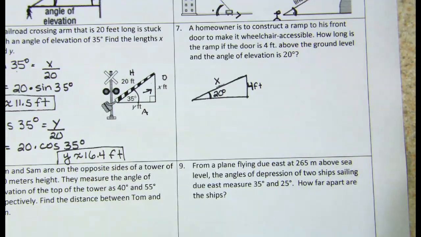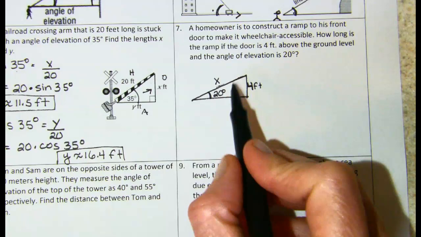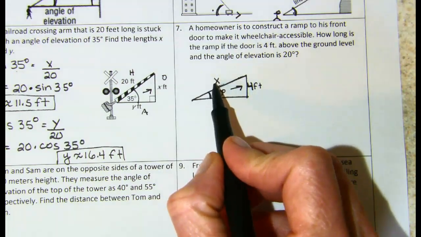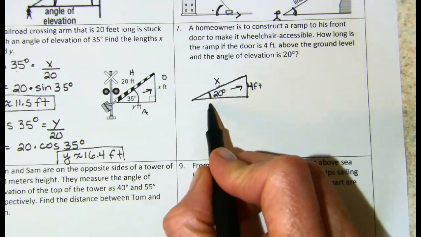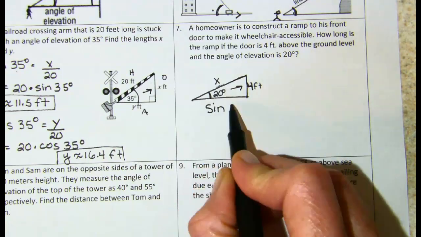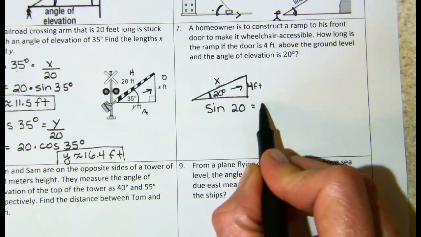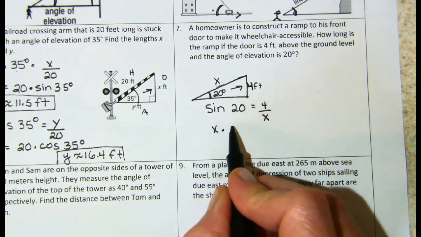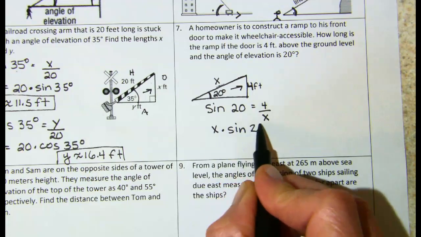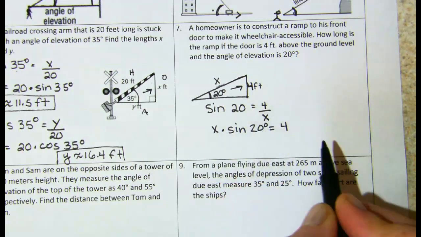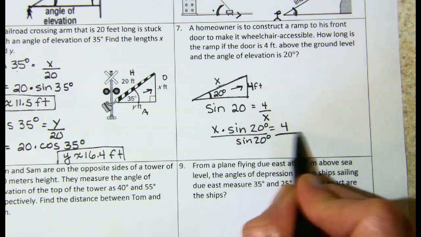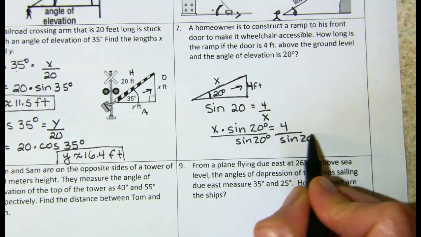So we ask ourselves again, here's 20. We have an opposite and we have a hypotenuse. So again, we are going to do sine. So sine 20 degrees equals 4 over X. Cross multiply. X times sine 20 degrees equals 4. Divide by sine 20 degrees on both sides.